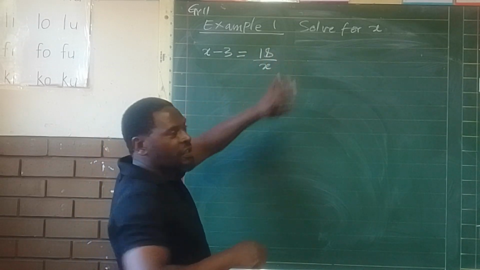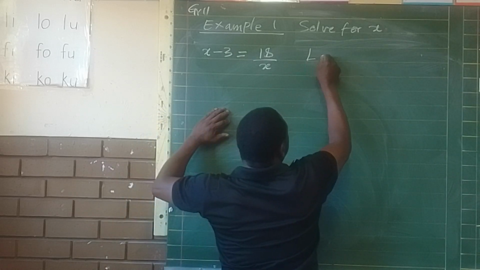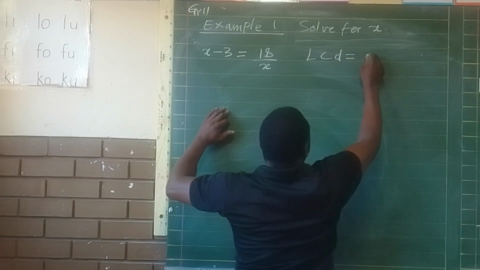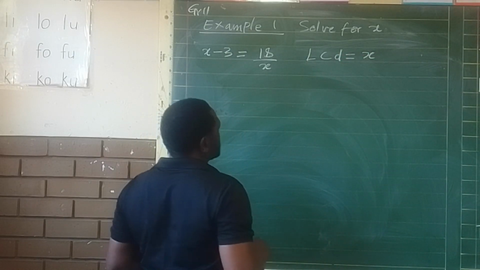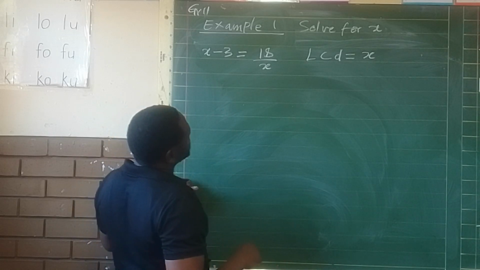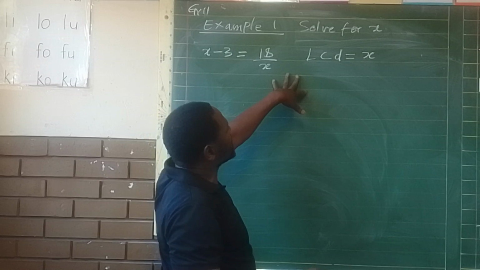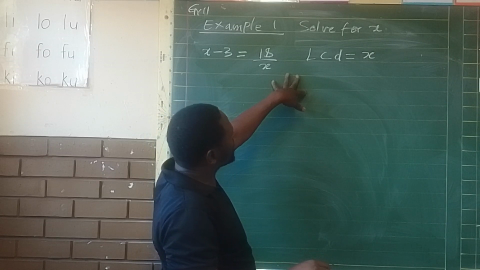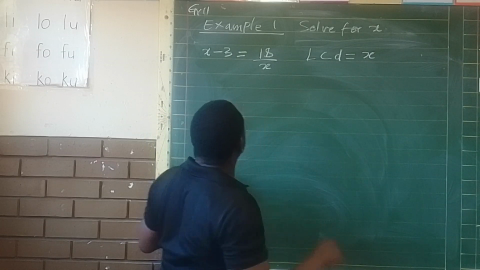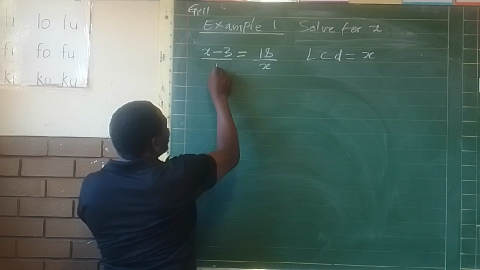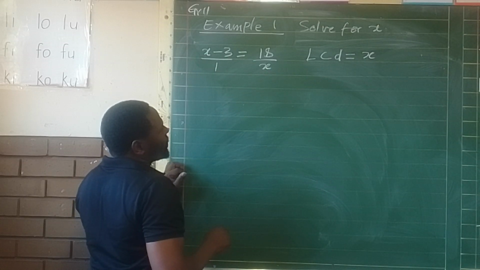If you can see here, we have a fraction where our LCD is going to be equals to x. I'm going to do it in two ways. Let's use the LCD. Here it is over 1, here is over x.